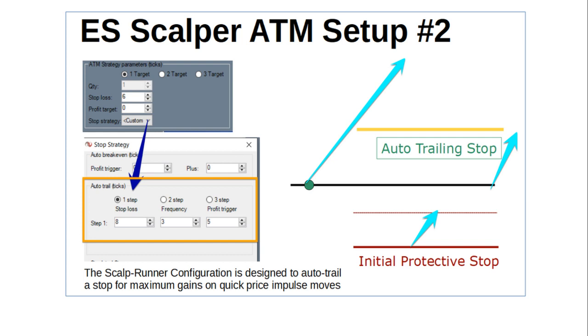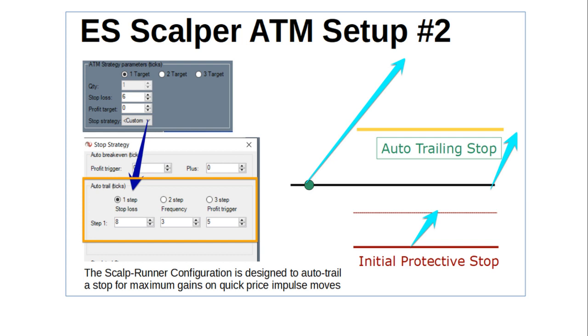Now, I'm not telling you to sit there like a crazed monkey and just hammer away and take entries, but there are times where it takes the market a little while to get the energy going. So if you can see that the market's trending and wanting to trend, and there's energy and there's volume, open it up and play this ATM setup number two. All right.